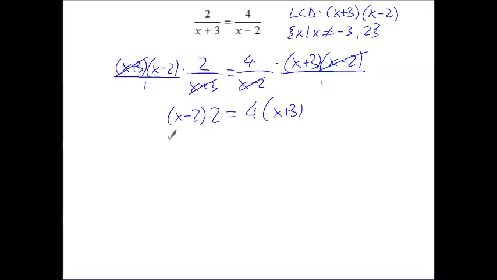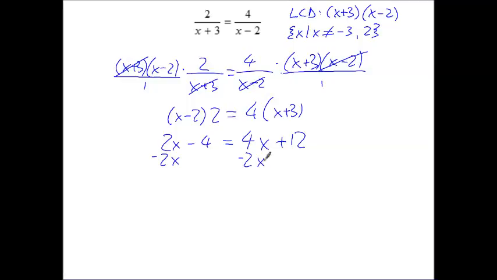I'm going to distribute my 2 to get 2x minus 4 is equal to, and distributing the 4, we get 4x plus 12. And now we have a nice equation that we can solve the same way that we have been solving these since algebra 1. I'm going to eliminate the x term from one side by subtracting 2x.